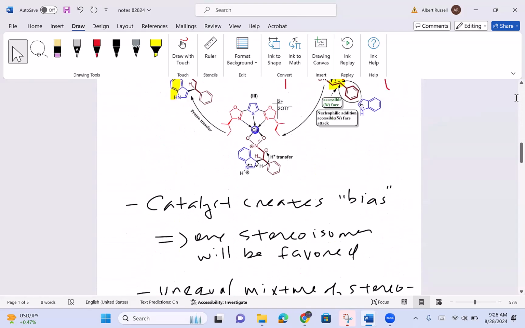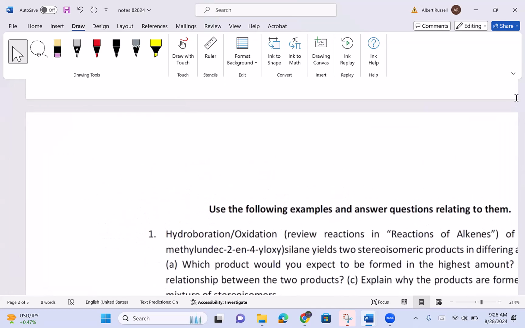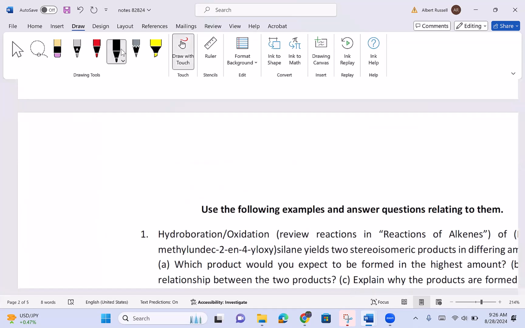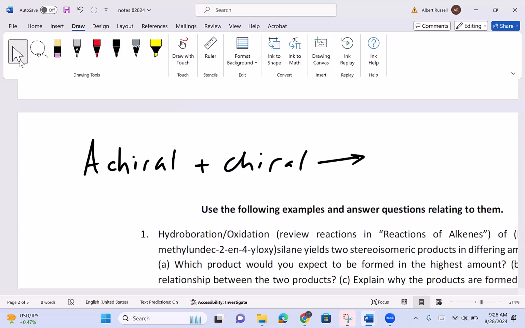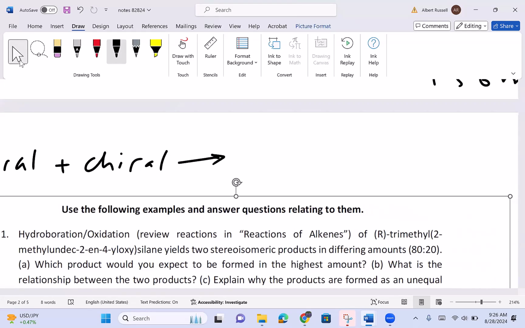Let me ask this question. If you watch the video, when we talk about bias and pre-existing stereocenters, what are we talking about when we say, somebody tell me, finish this for me. So if I take something achiral plus something chiral, what would that give me in terms of stereoisomers? Oh, it's the pre-existing stereoisomer, but in our notes it said that it comes out as non-racemic mixture.